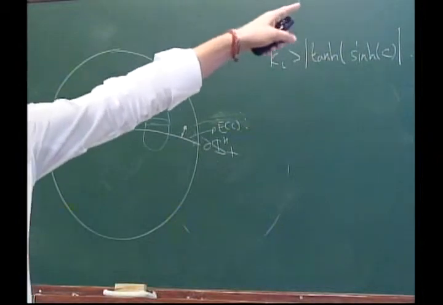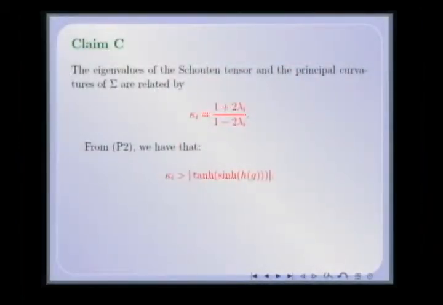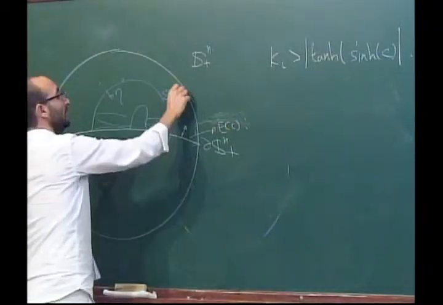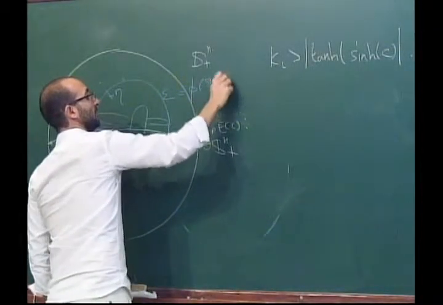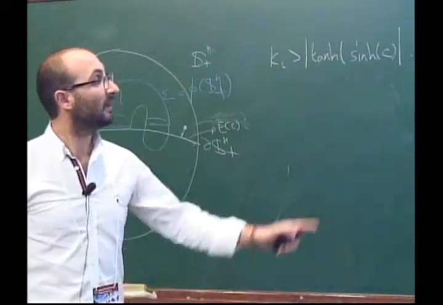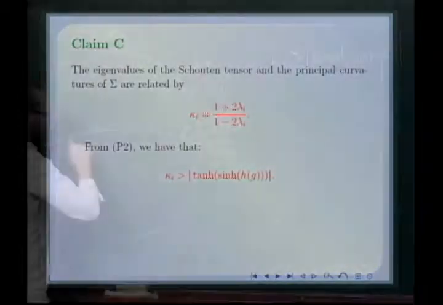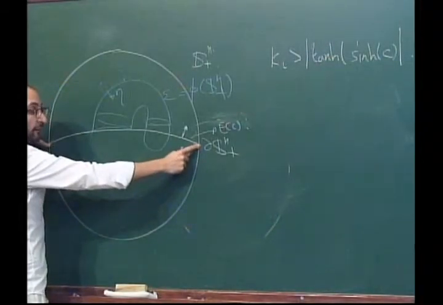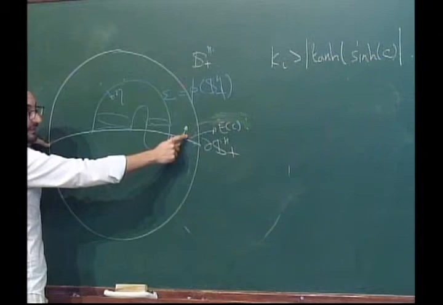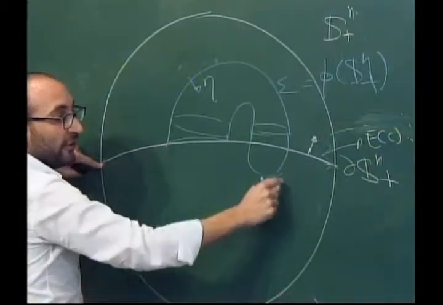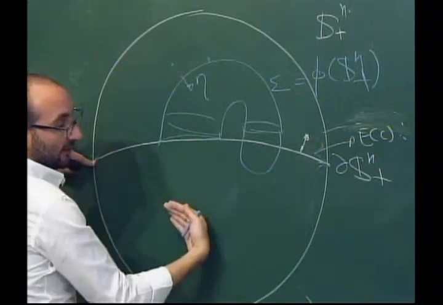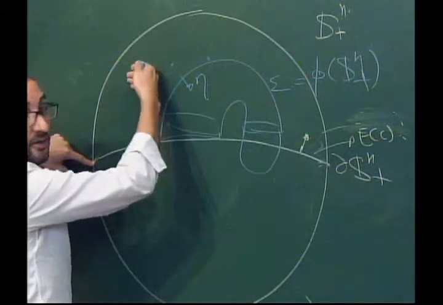So this property says that the principal curvatures at any point in my surface, this blue surface sigma, are bigger in absolute value than the absolute value of the principal curvatures of this equidistant. Bear in mind that when we have this orientation for this equidistant, the principal curvatures for this orientation are negative. For the other orientation they are positive. This is the convex side, and this is the concave side.